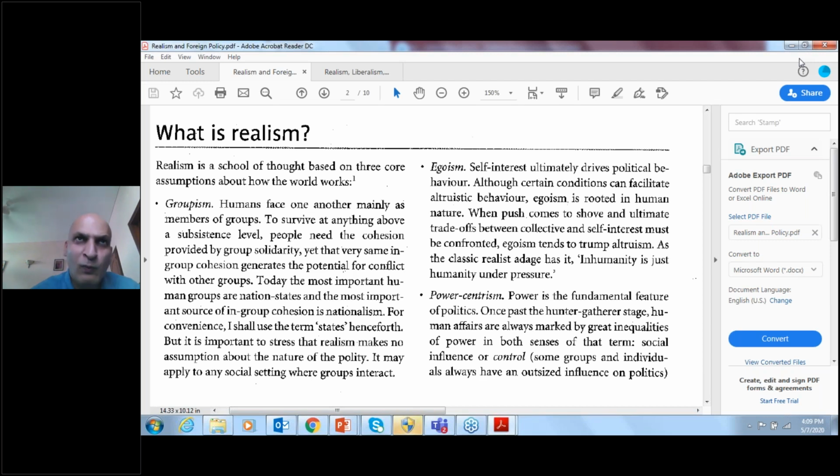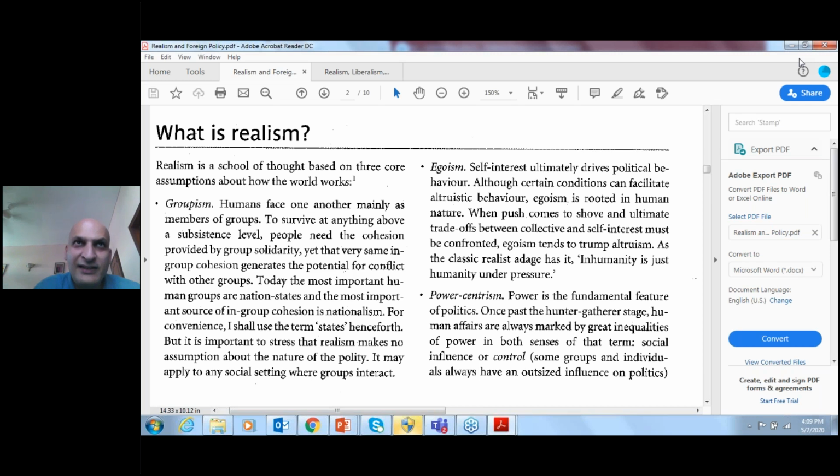So what are the principles on which it is based? Primarily, realism is a theory which believes that human beings are ultimately selfish. It's not a very optimistic theory.